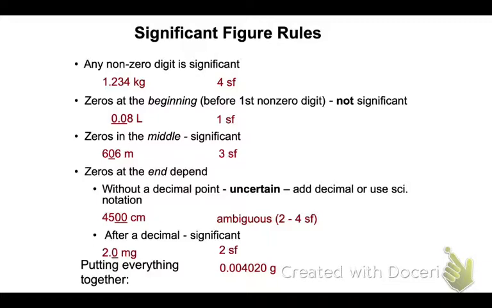So this 4 here is significant, the 0 here, because it is after a decimal point, is significant, the 2 is significant, and this 0 is significant. So therefore there are 4 sig fig in this measurement.